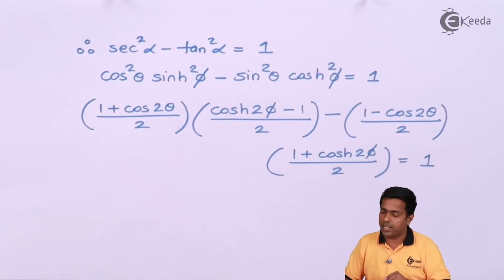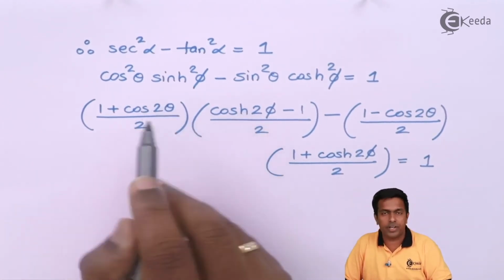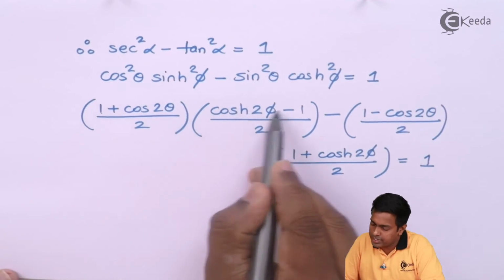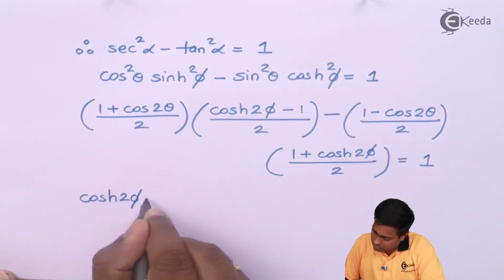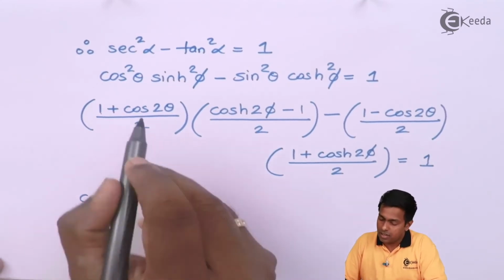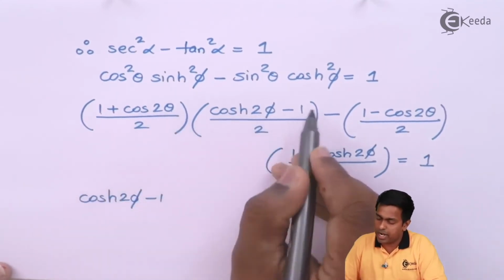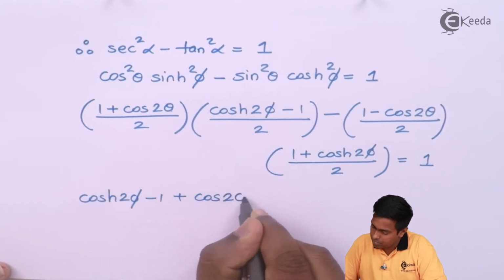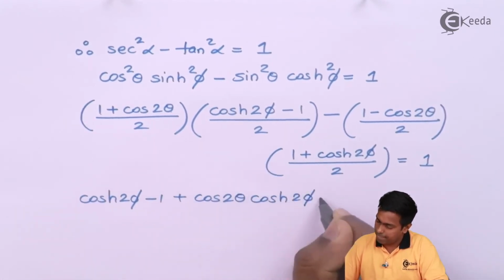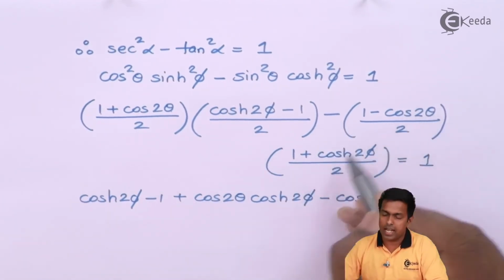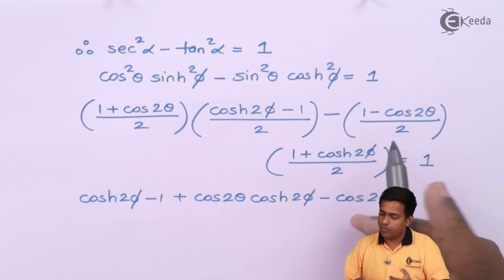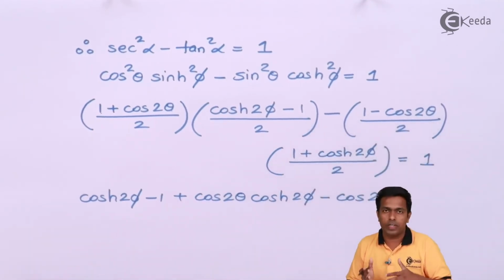On the left hand side, we'll multiply the numerators. So 1 into this numerator will be, next cos of 2 theta into this bracket will be, next the middle sign is minus. So we'll multiply these two brackets and whatever the value, we'll change the sign.